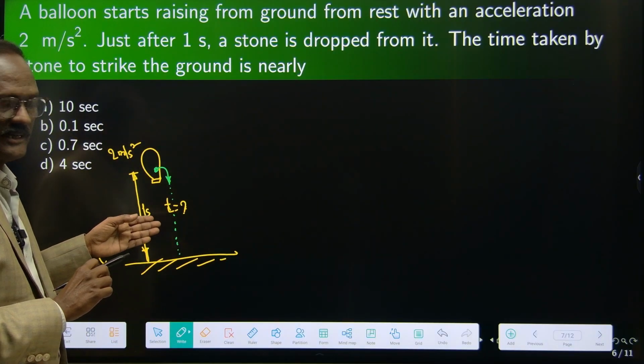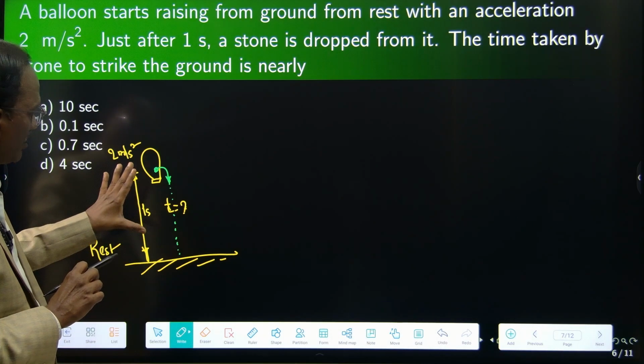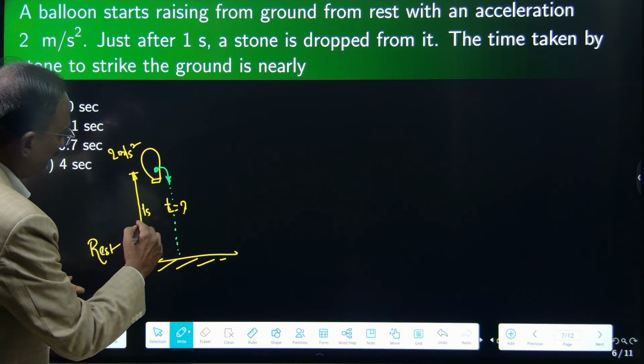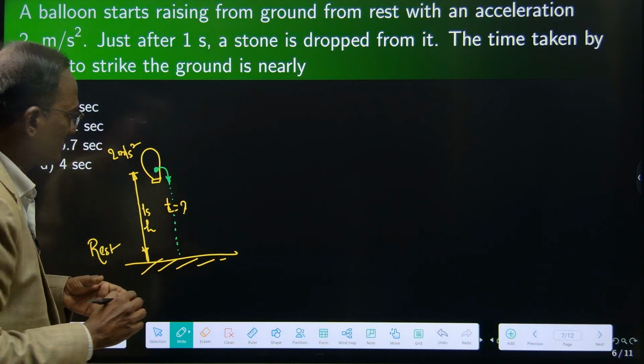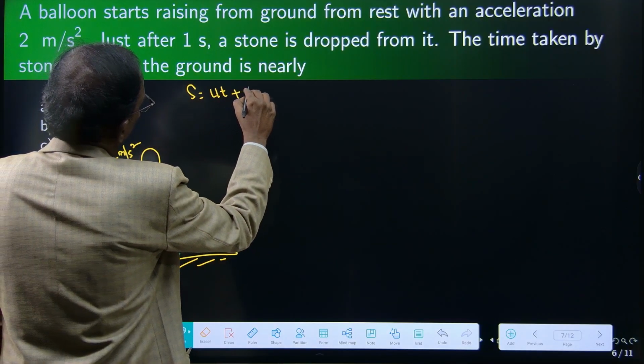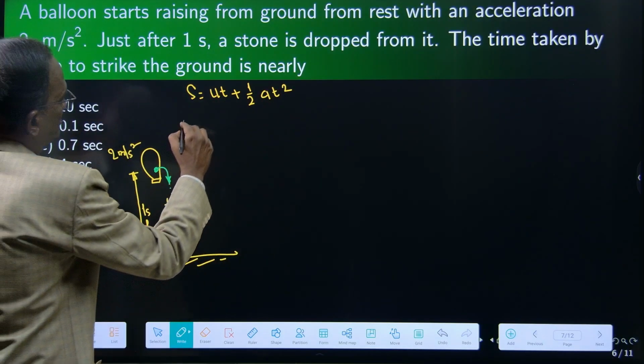In 1 second, the balloon will have some height from the ground level. First, let us find that height. S is equal to ut plus half at squared.